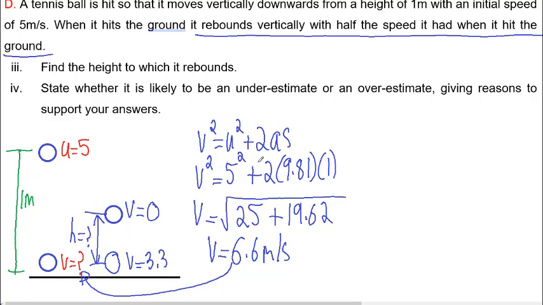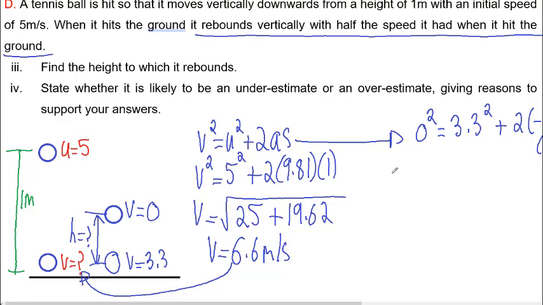So we have everything we need to use the same equation again. v squared equals u squared plus 2as. This time the final speed is 0. The initial speed is that half speed, which is the rebound, plus 2. This time it's minus 9.81 because it's going up, all multiplied by s. So the s is there.